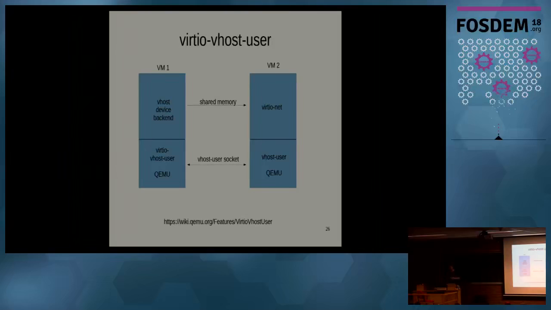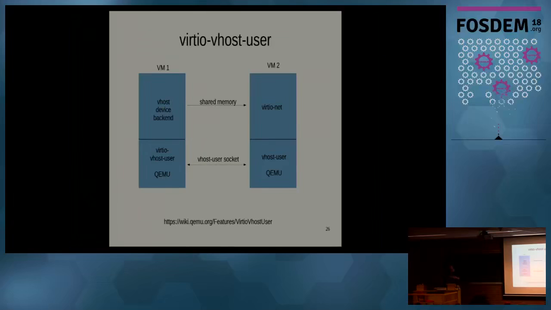And then VM1's QEMU will tunnel the vhost user protocol messages to the new Virtio vhost user device, so that guest software in VM1 can act as the vhost user backend. Now it's possible to reuse existing vhost user backend software with Virtio vhost user, since they use the same protocol, right?